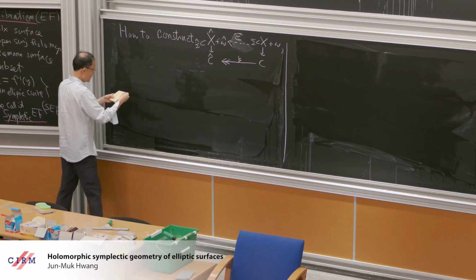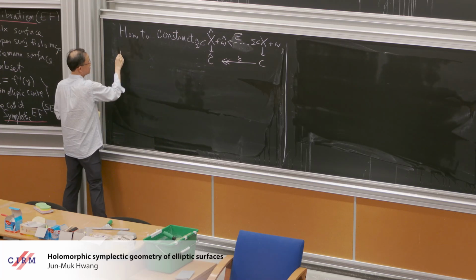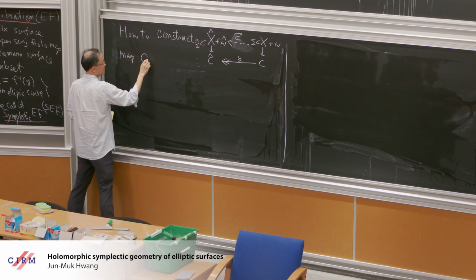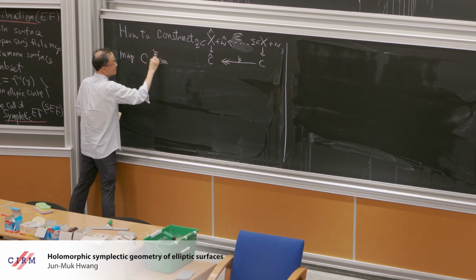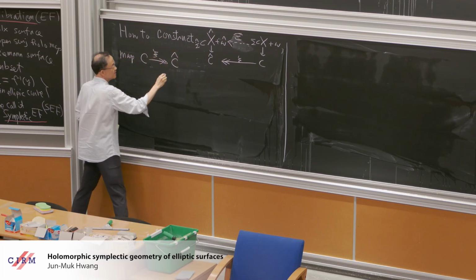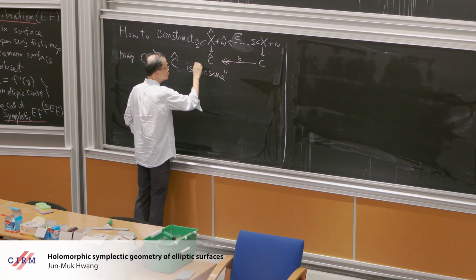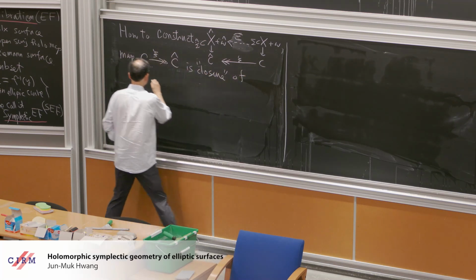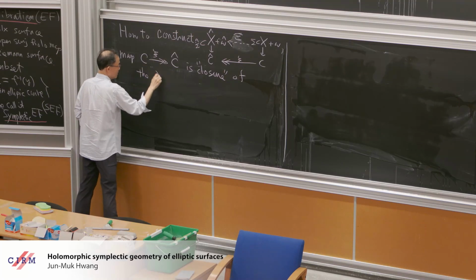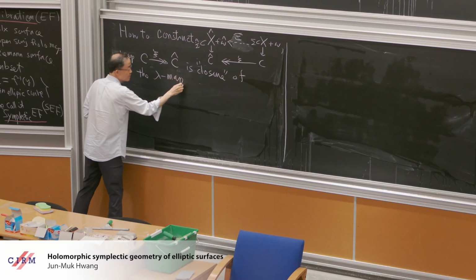And first of all, this map. This is a closure, in a sense, of the lambda map. So what do I mean?